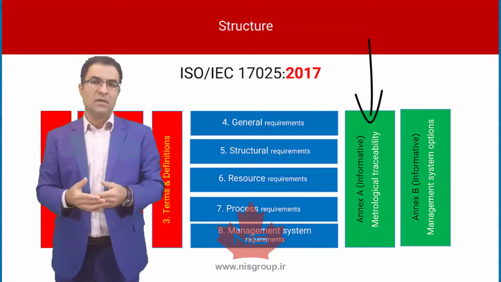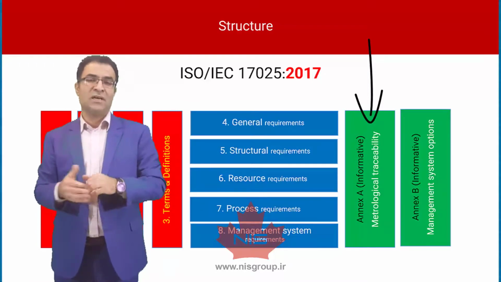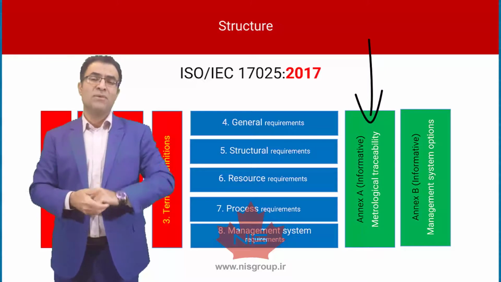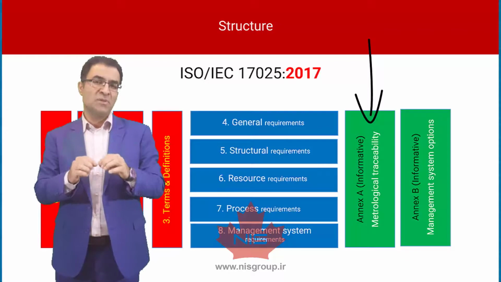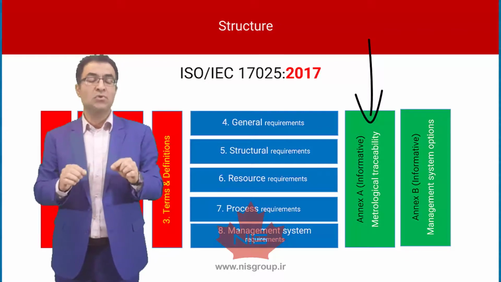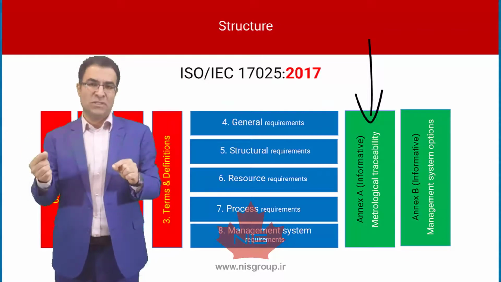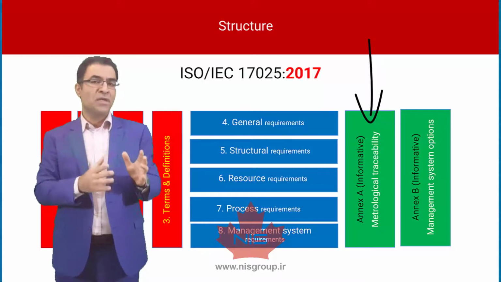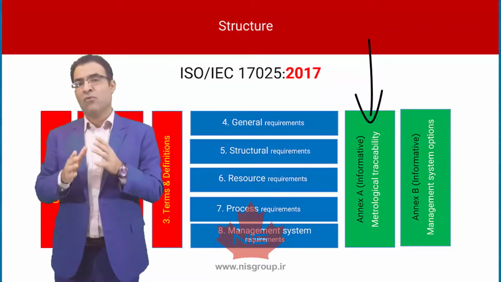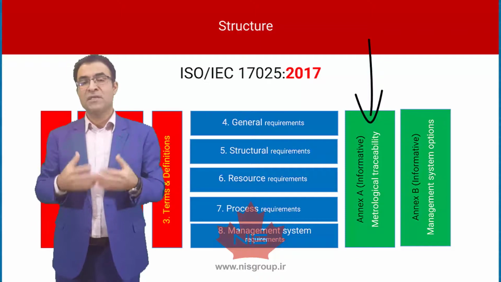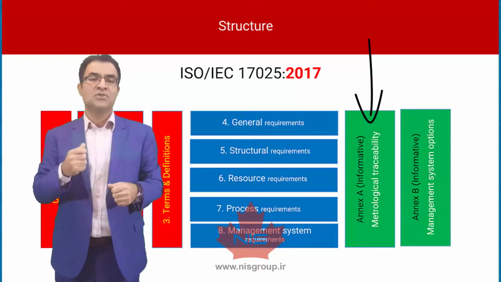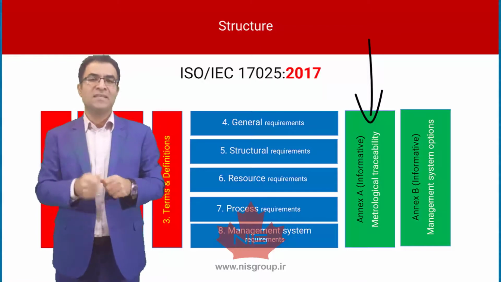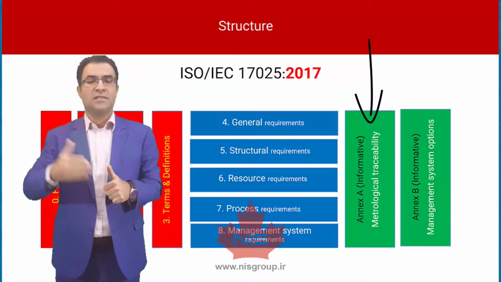Of course, it has 3 main sub-clauses, but maybe one of the most important ones is how to ensure that the measurement that you do, the testing that you do, is acceptable internationally. So the standard offers 3 different and very interesting ways and options to make sure that your testing is traceable nationally and internationally.